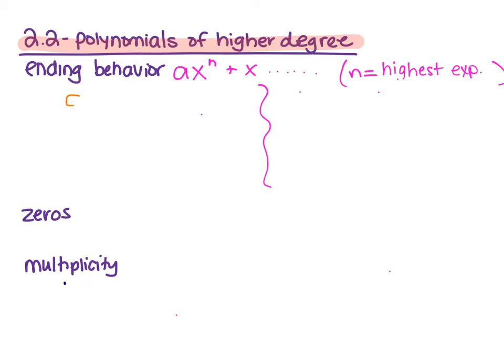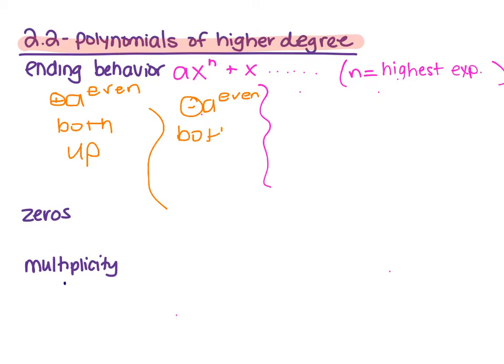So if I have an even exponent and the coefficient is positive, then they're both going to point up, just like a parabola. If it's an even exponent and it's negative, then they're both going to point down.